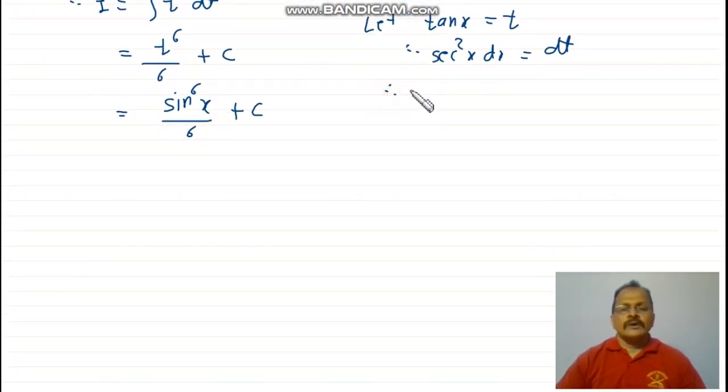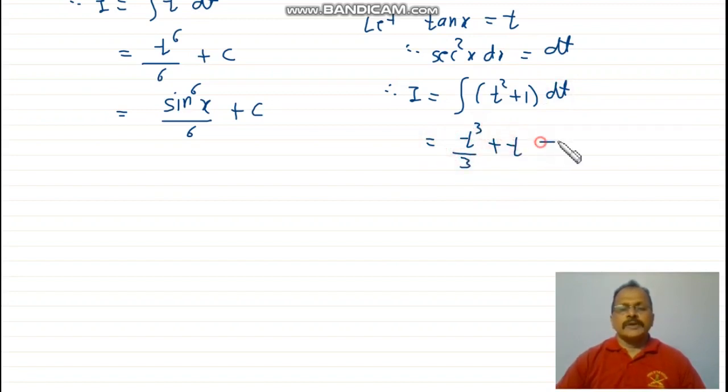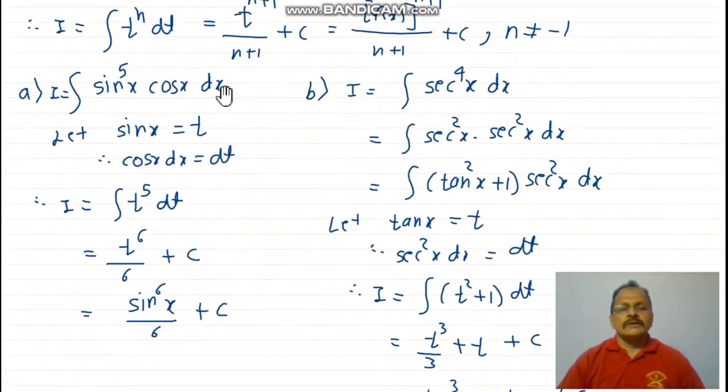And therefore, I equals to integration t square plus 1 times dt, equal to t cube by 3 plus t plus c, that is tan cube x upon 3 plus tan x plus c. Actually, this is not direct application of this corollary.